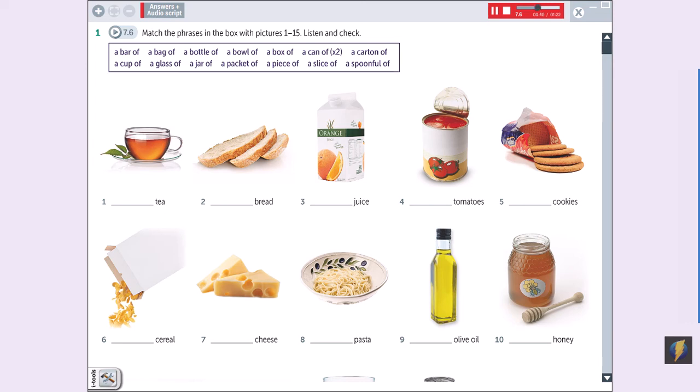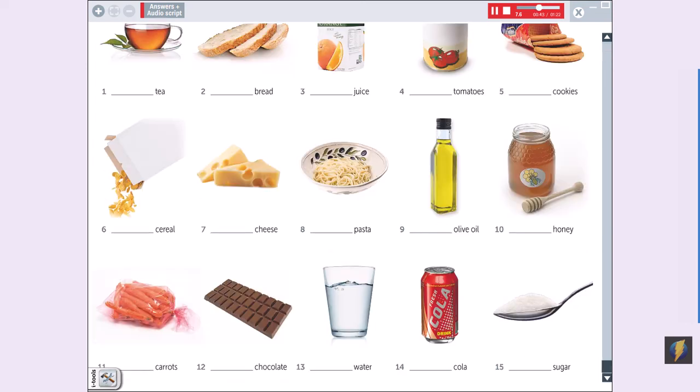A bowl of pasta. 9. A bottle of olive oil. 10. A jar of honey. 11. A bag of carrots. 12. A bar of chocolate. 13. A glass of water. 14. A can of cola. 15. A spoonful of sugar.